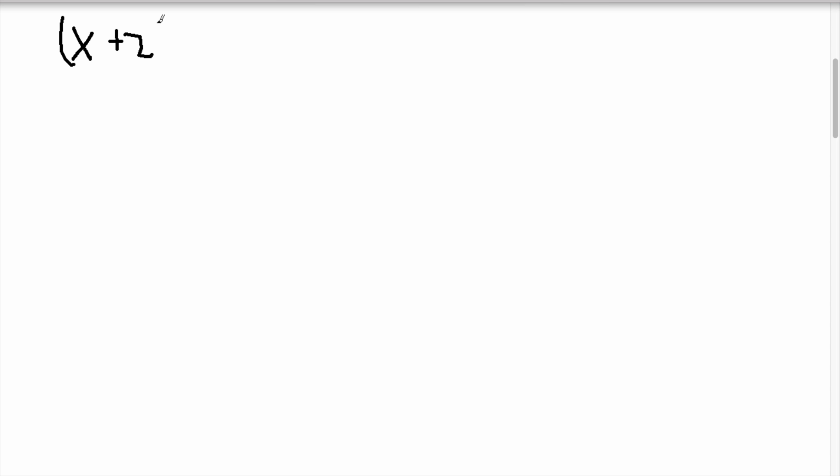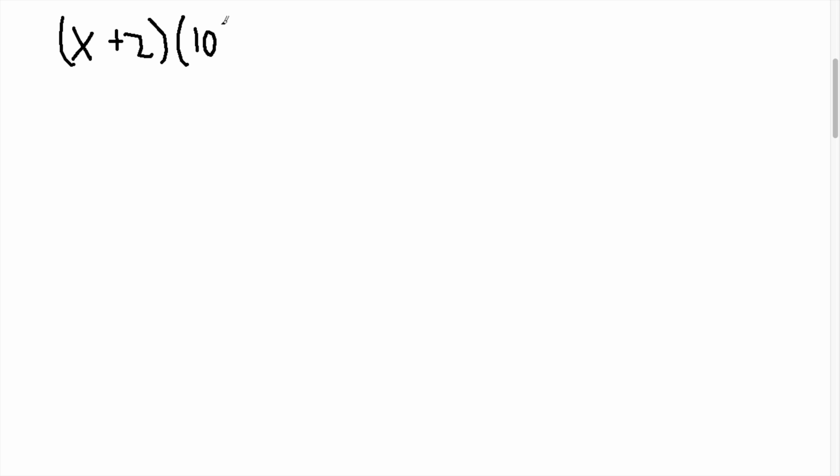So once you have that all divided out, after the first step of your expansion, you know that x plus 2 times 10x squared minus 29x plus 57 minus 123. This is what you get.